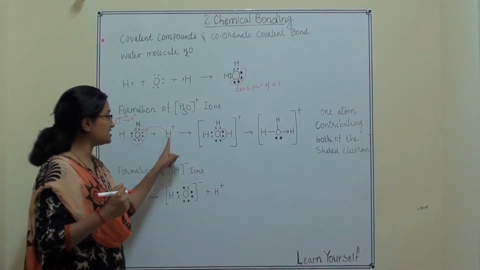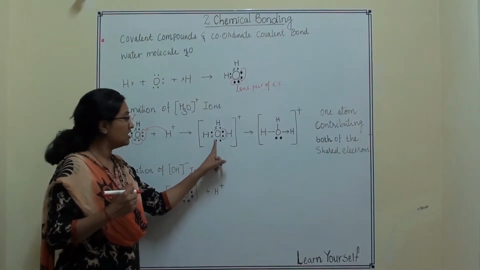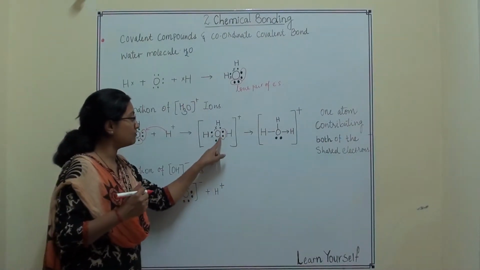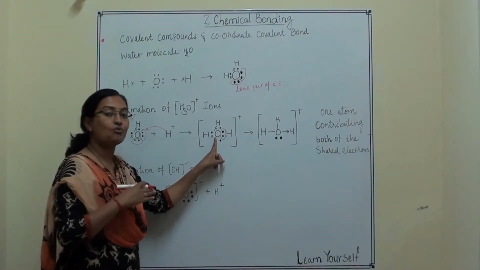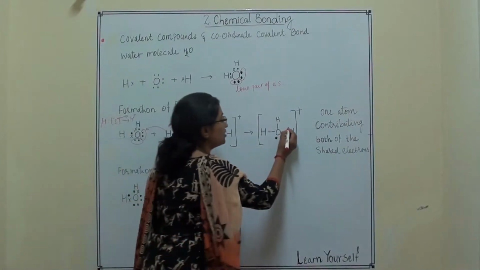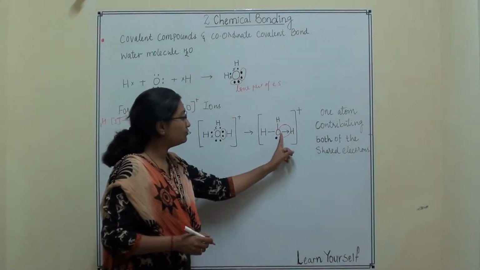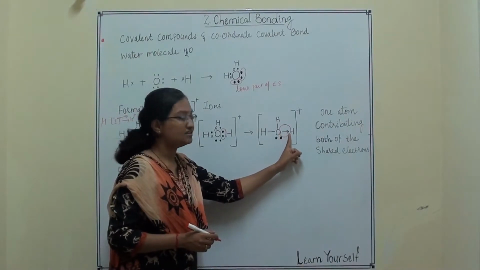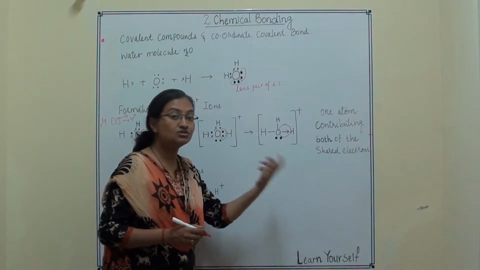So when the H plus ion is combined with this oxygen, for this covalent bond formation both the electrons are used from oxygen. So this bond is known as a coordinate covalent bond, and we denote it with the sign of an arrow, showing that oxygen is giving both its electrons.